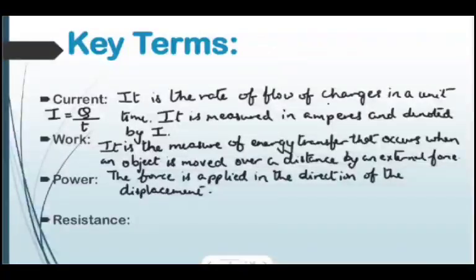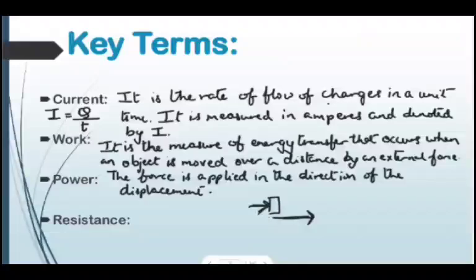Okay, now what does this mean? The force is applied in the direction of the displacement. So if there is a box out here, and somebody is trying to push it in this direction, the displacement of this box will happen in this direction. So the force applied is in this direction, correct? The displacement is also happening in this direction.